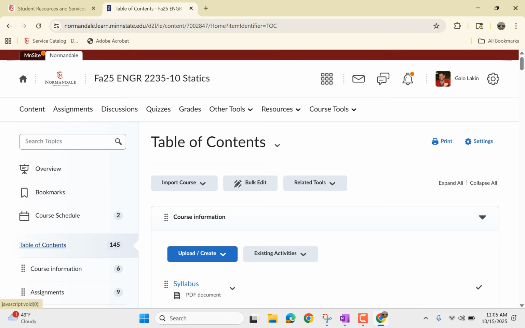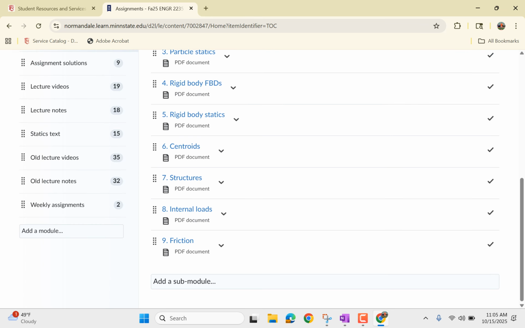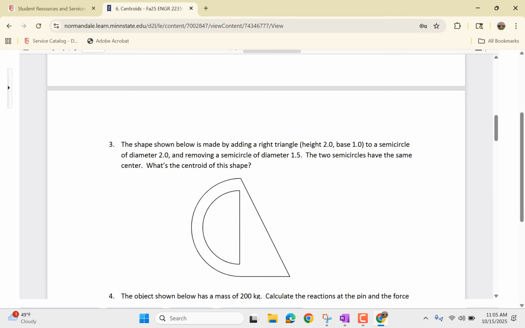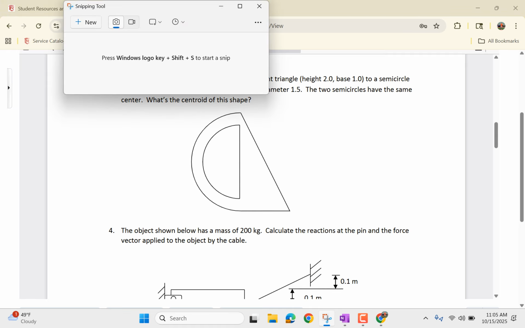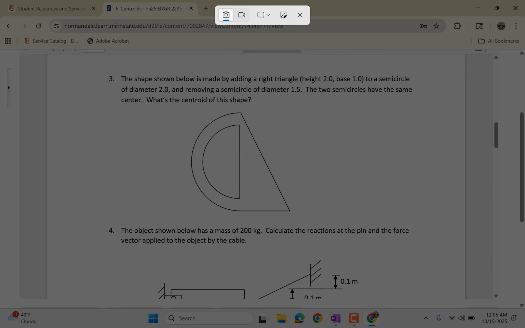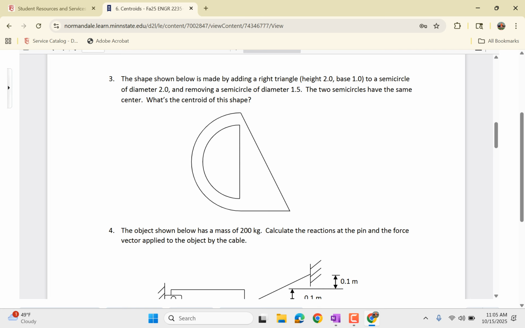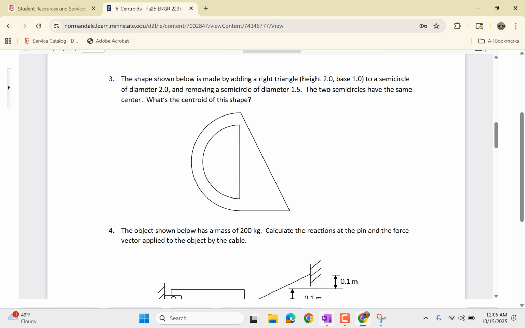So the daily assignments that we're on is centroids, and we're doing 3 and 4. Oh my God, look at that thing. That's so hideous. One thing about centroids is you look at it and it looks simple, and then it always ends up being so much more time consuming than you think.